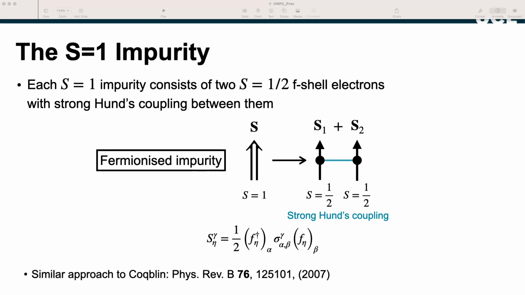So we take the spin 1 impurity and fractionalize it into 2 spin halves, with a strong Hund's coupling to ensure that you project out the S equals 0 state, the singlet state, and then you can fractionalize the impurity in a similar way as the conduction electrons.